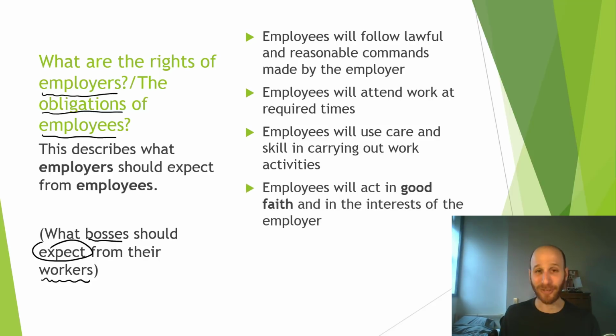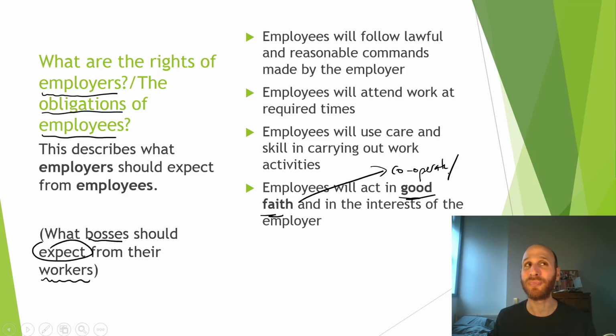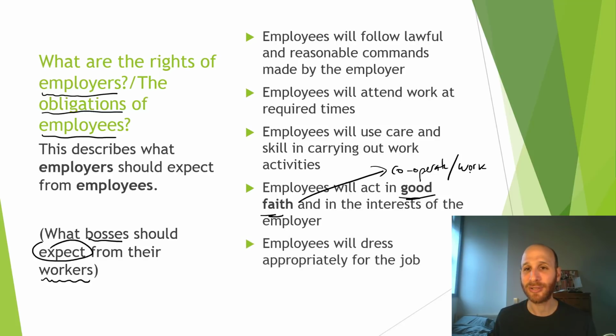That employees will act in good faith. Here we go. Remember from our vocab list the words good faith. So that employees will act in good faith. So that means that they will cooperate, that they will work honestly to try and do what is required in the interests of the employer.